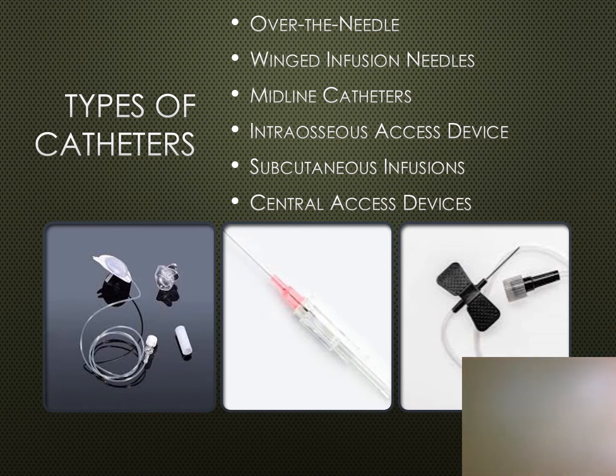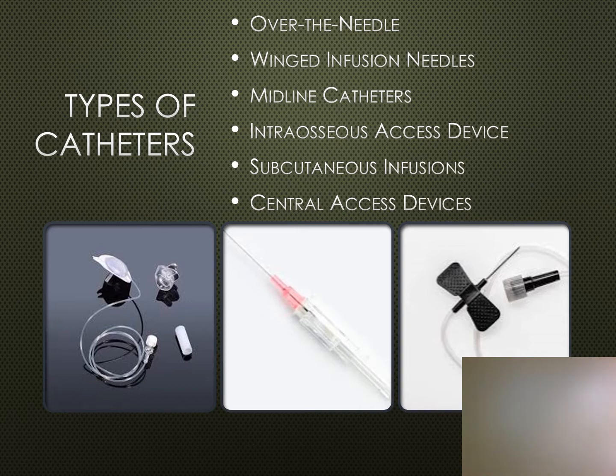Subcutaneous infusions and access devices are something different. They don't necessarily go into the vein. They're used in clients that have limited vascular access, such as clients that are in hospice or palliative care, and they have mild or moderate dehydration. They may be in need of continuous opioid administration or immune globulin.